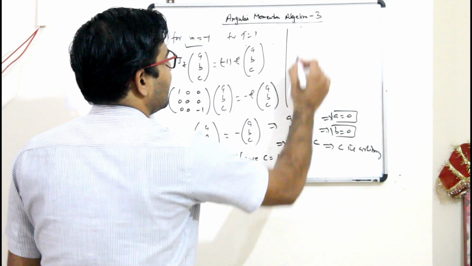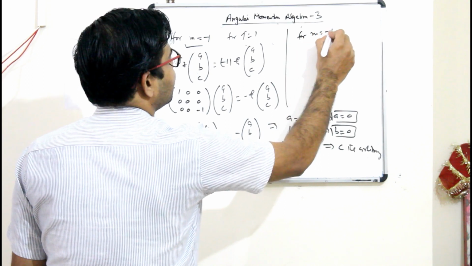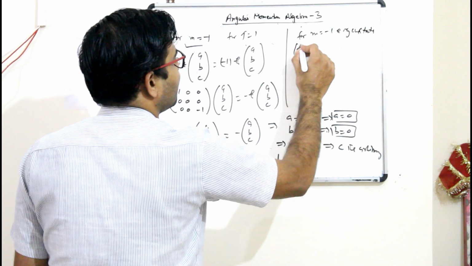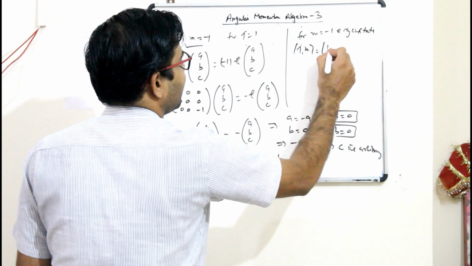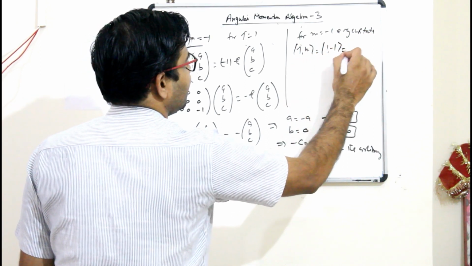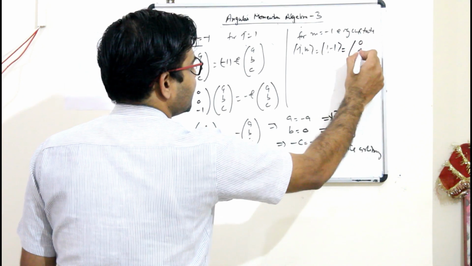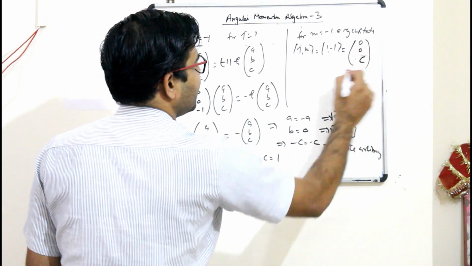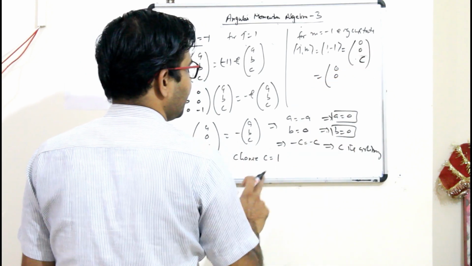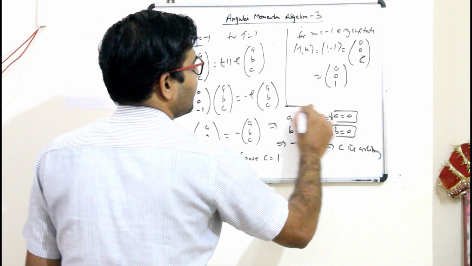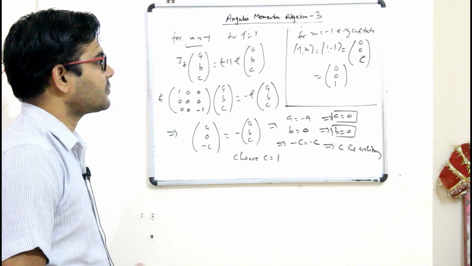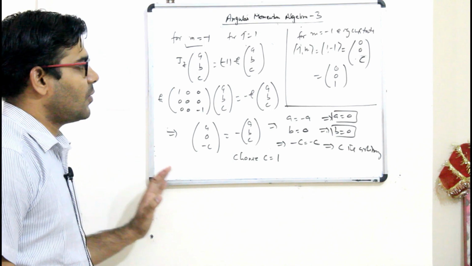So for the m equal to minus 1 eigenstate, |j, m> with j is 1 and m is minus 1 is equal to (0, 0, c) in general, and for the particular value c equal to 1, it is (0, 0, 1). So we get all these three states.